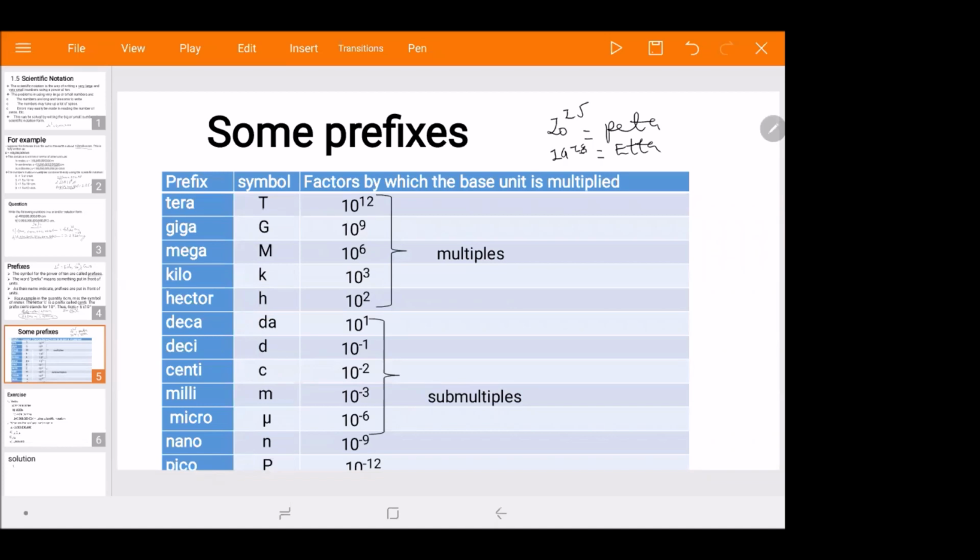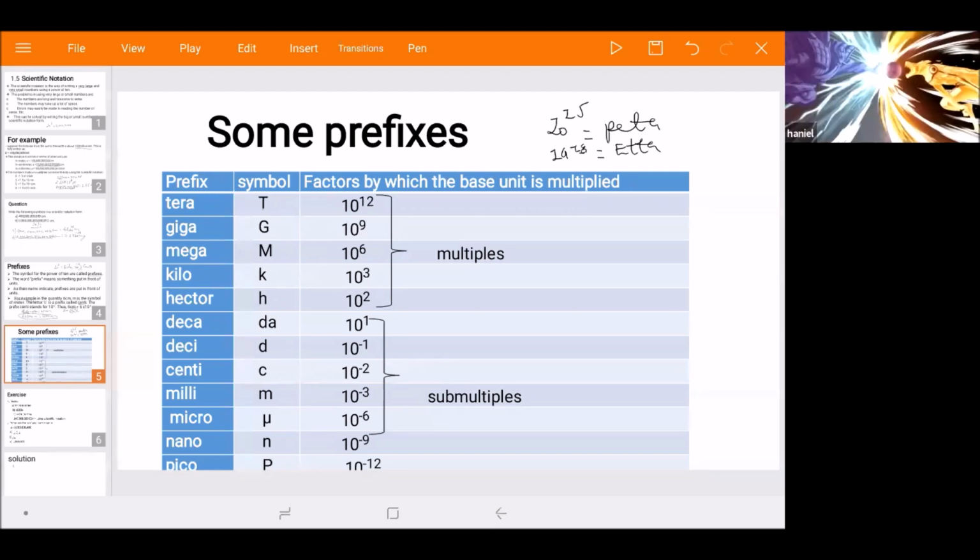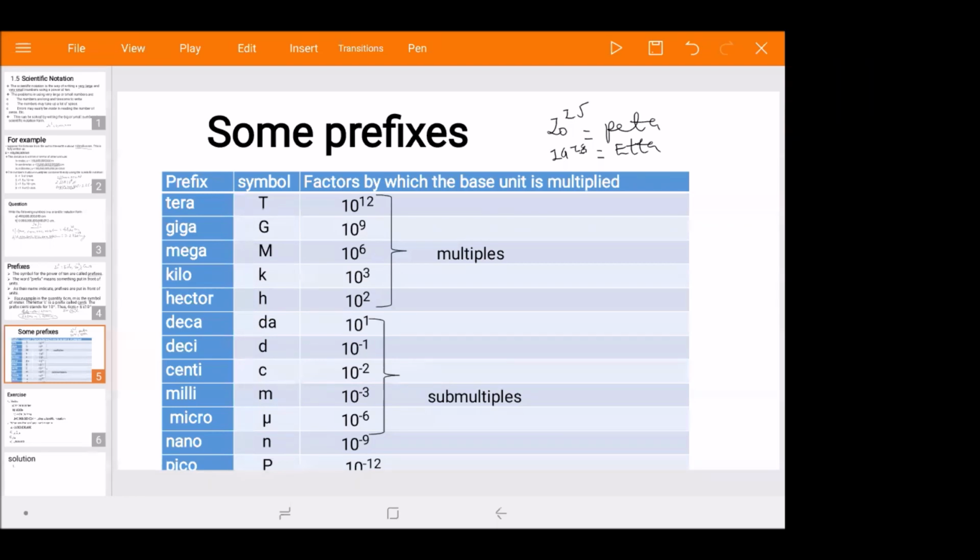The multiples continue, and the submultiples continue too. For example, Tera is a prefix which is the symbol for what? 10 to the power of 12. Again, exa is the symbol which represents 10 to the power of 18.